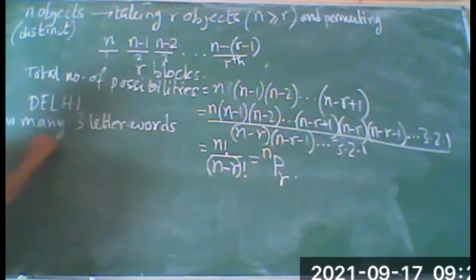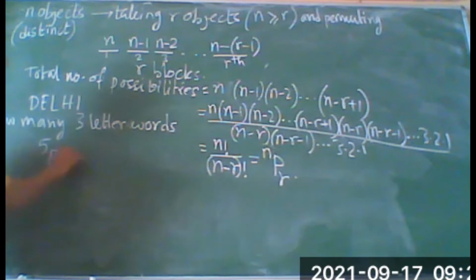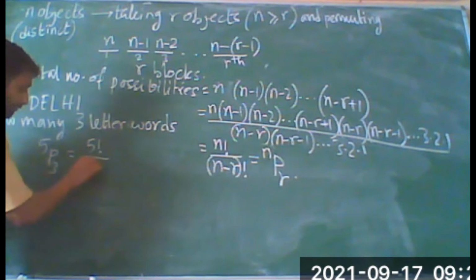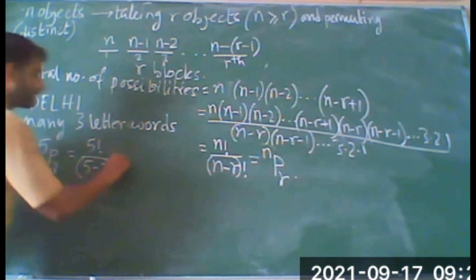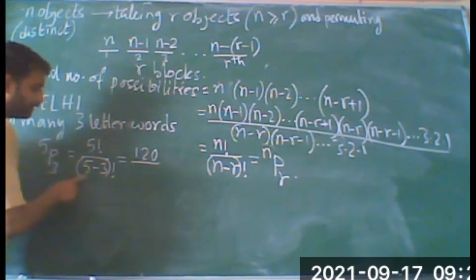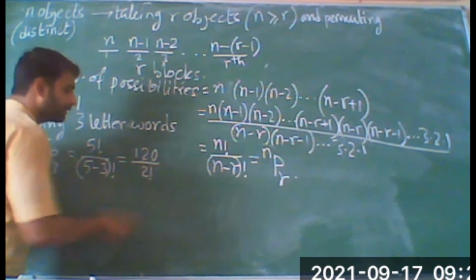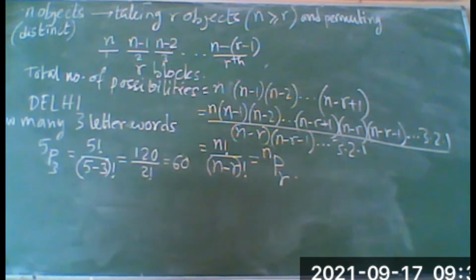That means it is 5P3. So it is 5 factorial divided by 5 minus 3 factorial. 5 factorial is 120 and 5 minus 3 is 2 factorial, that is 2. So it is 60. That means we can take 3 letters and permute them in 60 different ways.